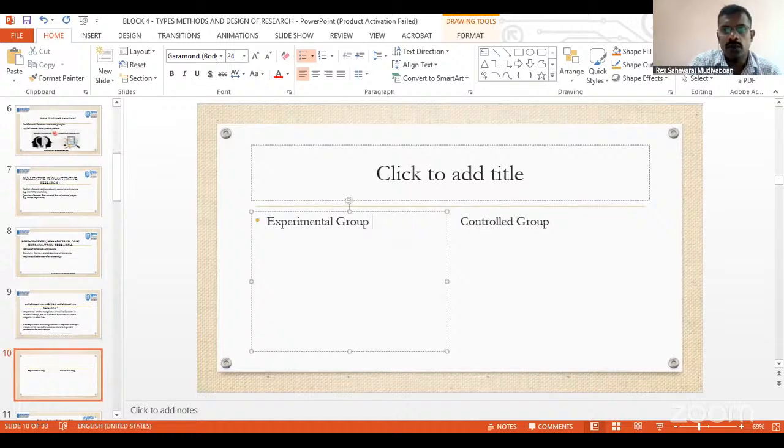This is the experimental group. This is the control group. So in research, in the experimental group, they will plant some crop here, in agriculture I am telling. They want to study whether this crop gives maximum yield within 3 months.